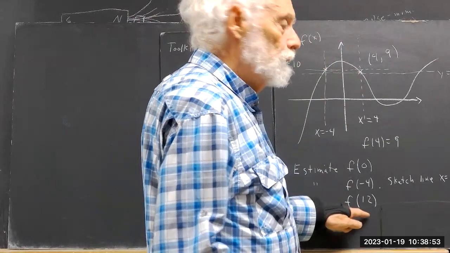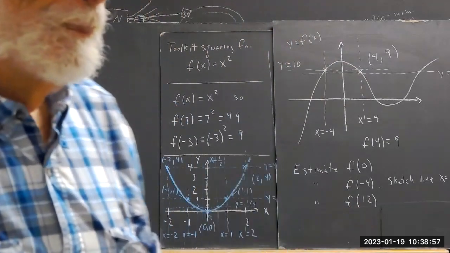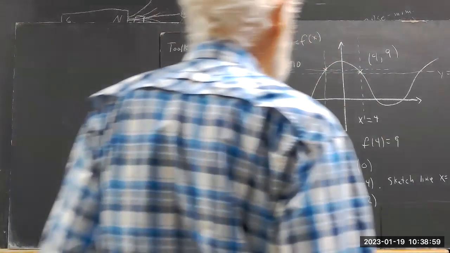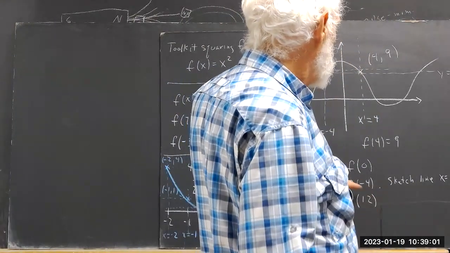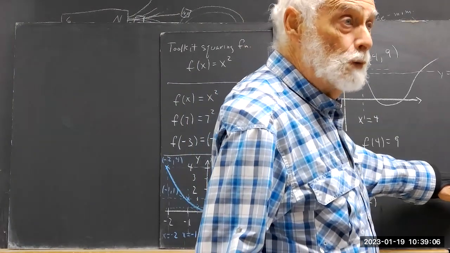Okay, so now we want to do it with 12. What does this mean? What we did for f of -4 is we sketched the line x equals -4, and we found y, right?